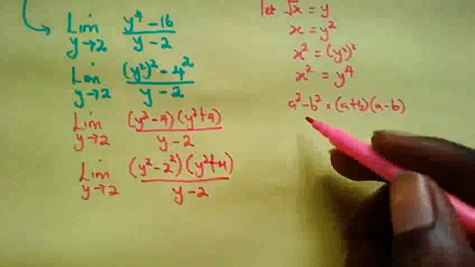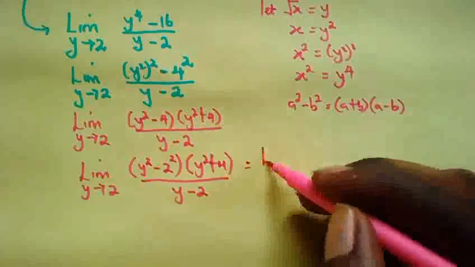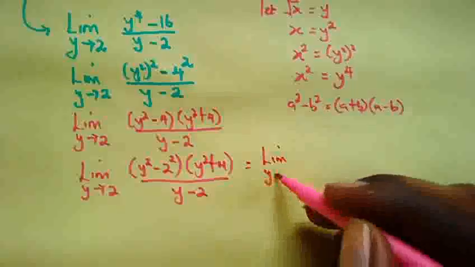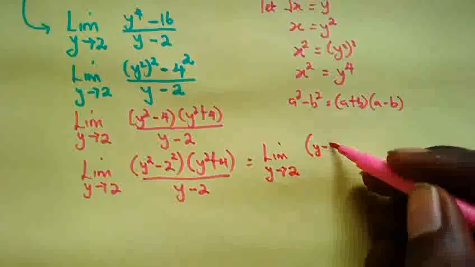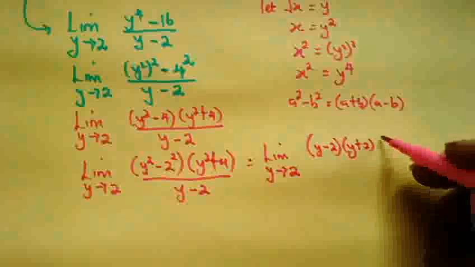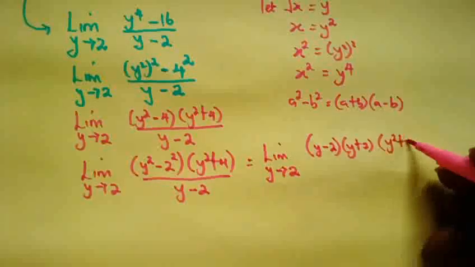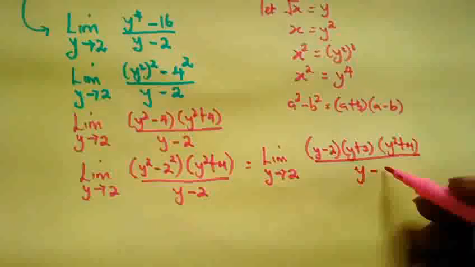Now using this difference of two squares formula in this expression here, we have limit as y is approaching 2. Now we have y minus 2 times y plus 2, then y squared plus 4 in brackets, then divide by y minus 2.